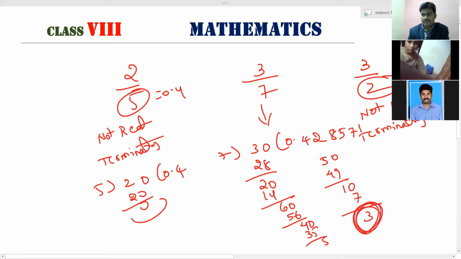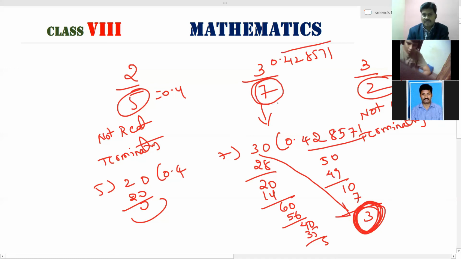Lastly, 3 came here. 3 came. That means 0.428571 is repeating. Why? Only because of the denominator.